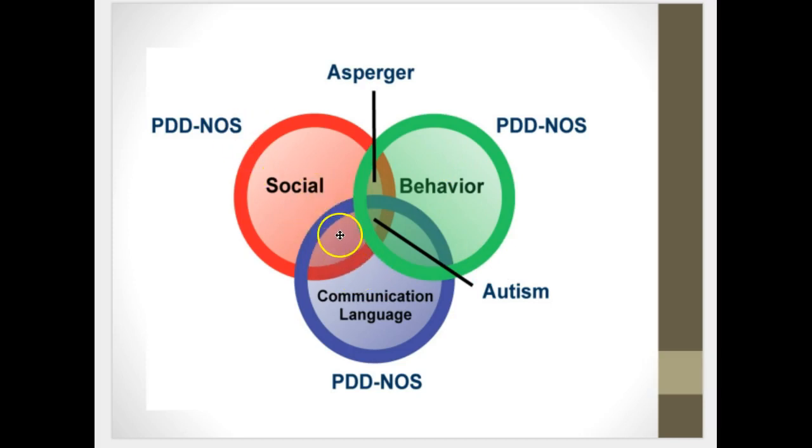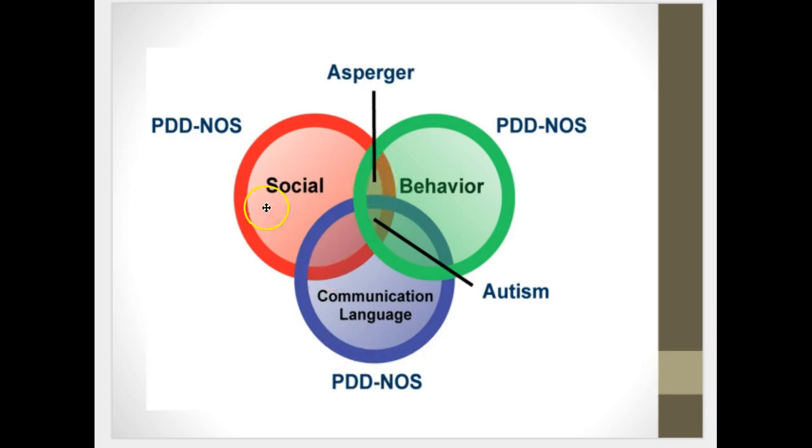So when we would medically diagnose a student for autism, it was done pretty much with observation. There is no blood test that we use to determine if this child has this condition. So if the child had social deficit and behavior deficit, but they did not have any severe communication issues, they would fall into this little green area, that green and red overlap area, and that was called Asperger's.